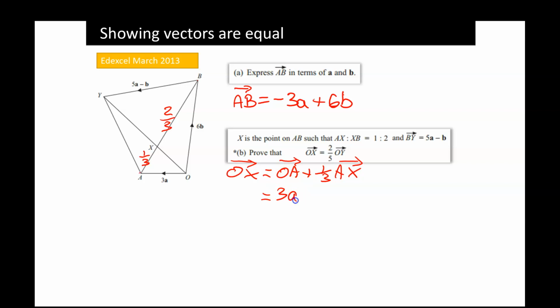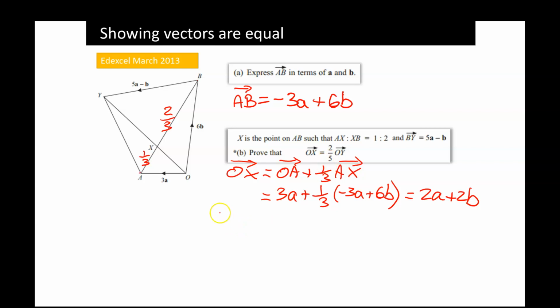So we've got 3A and then we need a third of what we calculated earlier. So multiply and tidy that all up, and we end up with 2A plus 2B. Okay, so expand this, gives us a minus A, so 2A, take away A, gives us 2A, and then a third times a 6 is 2B. Okay, so we've got that.